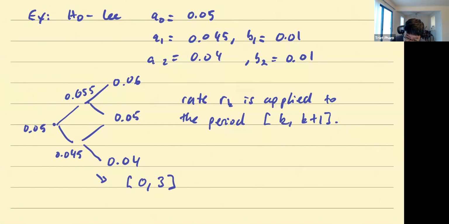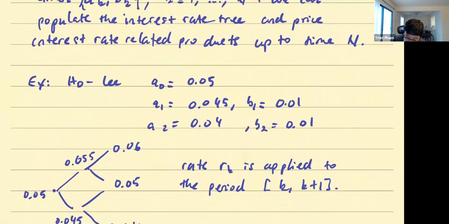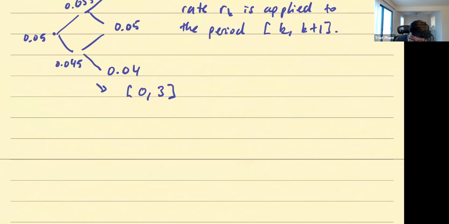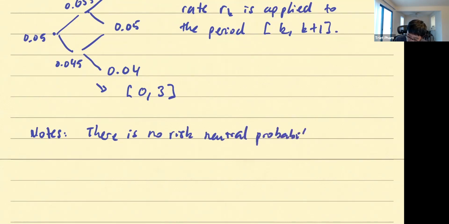So several things to note. First of all, there is no risk-neutral probability calculation for the tree.